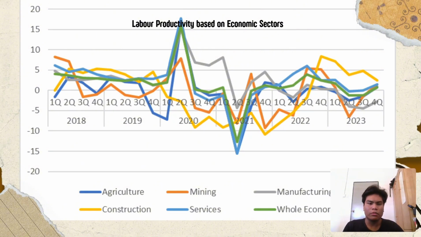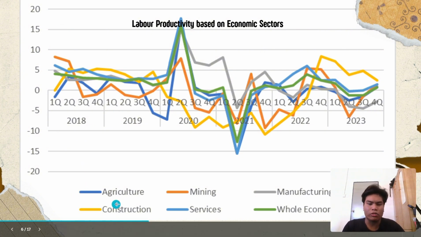Right now, I'll present to you about labor productivity based on economic sectors. As we can see, this is the graph that was taken from data searched by me. The dark blue line represents agriculture, orange is mining, gray is manufacturing, yellow is construction, and light blue is services. For the whole economy, it's green.